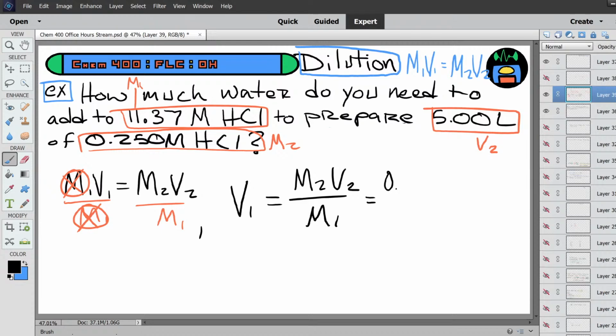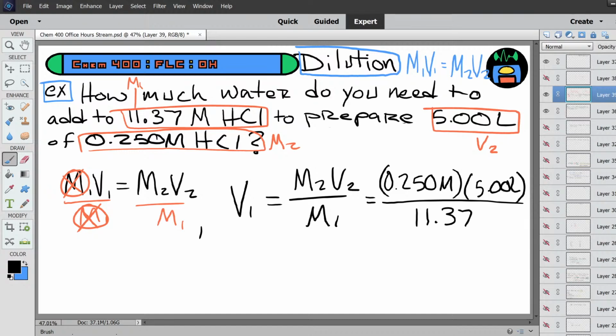Final molarity, 0.250 molar. Final volume, 5.00 liters. Initial molarity, 11.37 molar. You'll notice that molarity cancels.